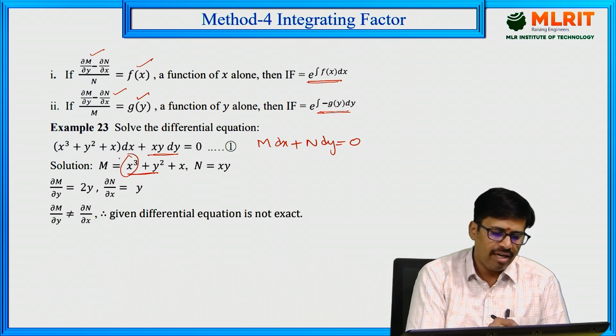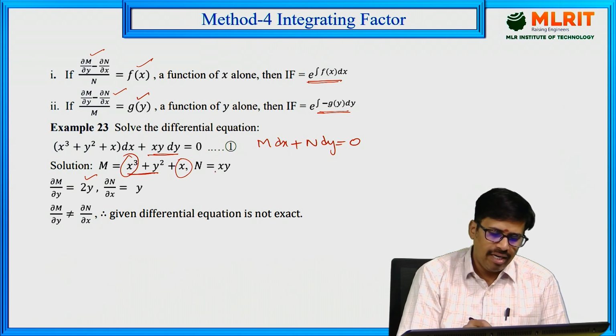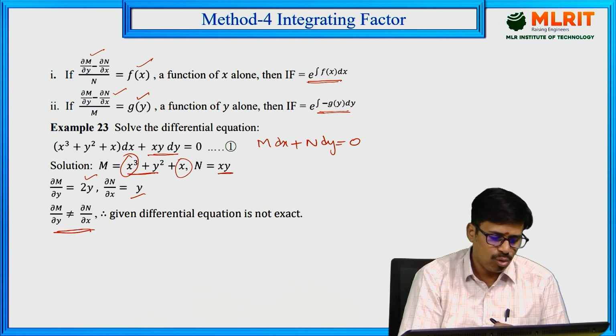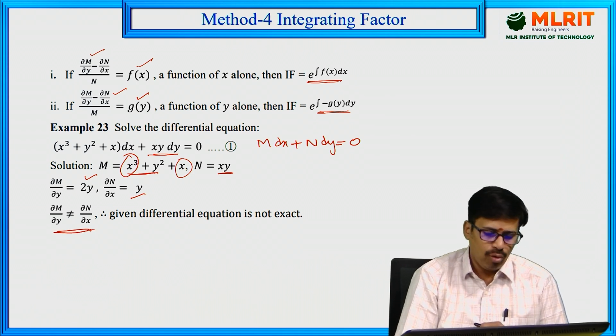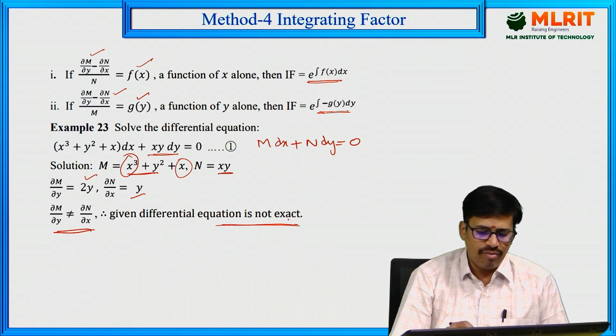We don't have y terms in the other parts, so the derivative of y² is 2y, and the x terms give 0. N is equal to xy, so differentiating N with respect to x, we get y. Both are not equal, so ∂M/∂y is not equal to ∂N/∂x. So the given differential equation is not exact.